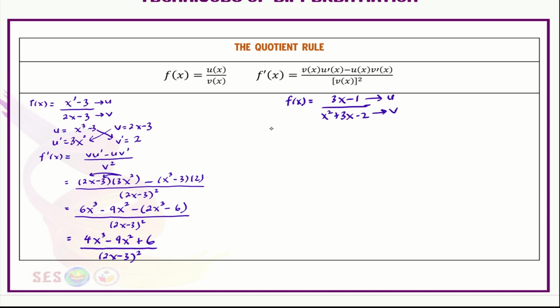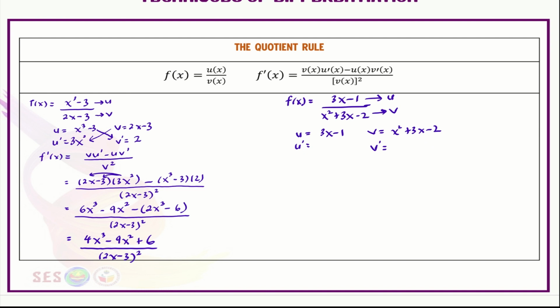So list down first u, v, u prime and v prime. u is 3x minus 1, and v is x squared plus 3x minus 2. We need to find u prime and v prime. Please note again that u prime means we differentiate u with respect to x, and v prime means we find the differentiation of v with respect to x.